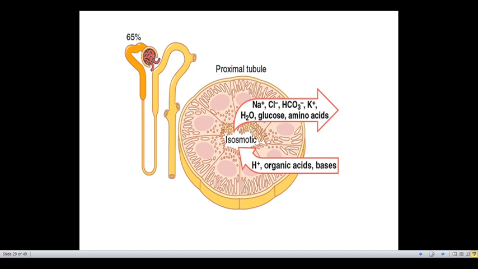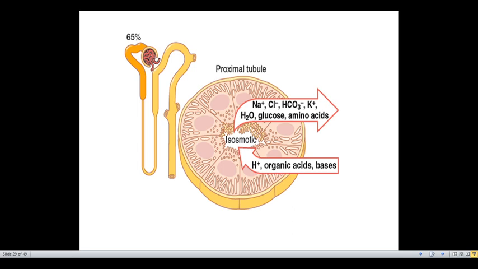This figure shows the cellular ultrastructure and primary transport characteristics of the proximal tubule. As discussed earlier, the proximal tubules reabsorb about 65% of the filtered sodium, chloride, bicarbonate, potassium, and all the filtered glucose and amino acids.